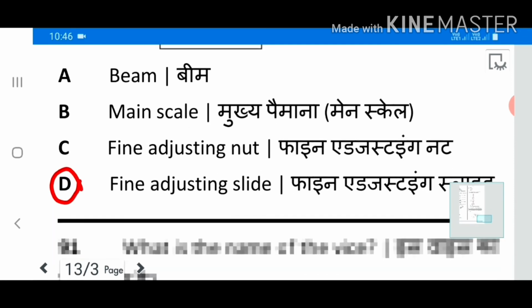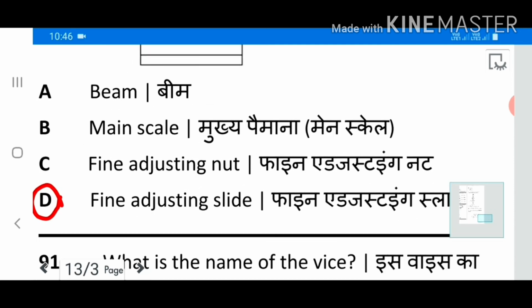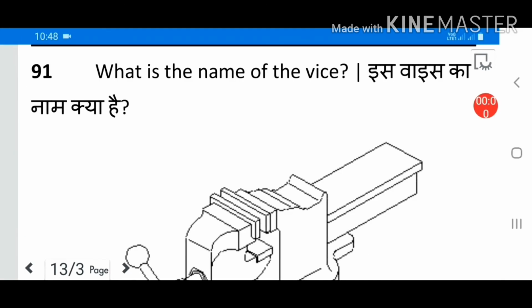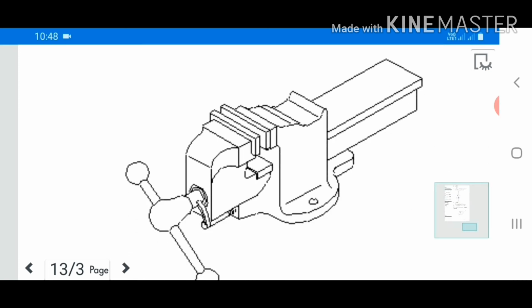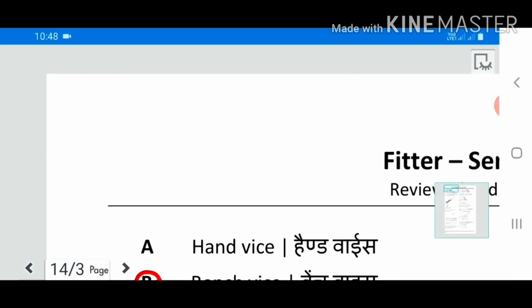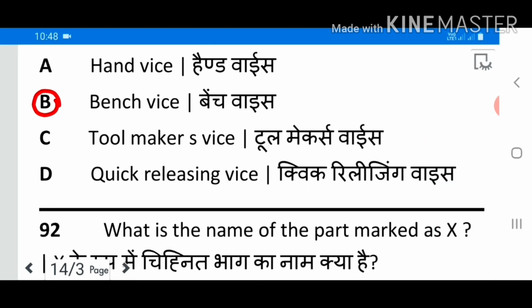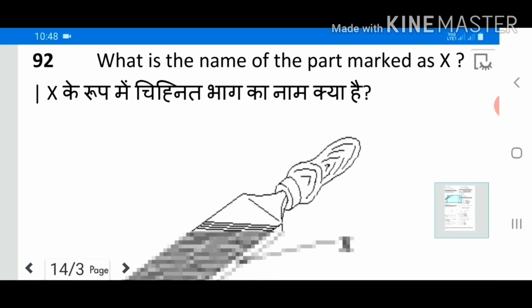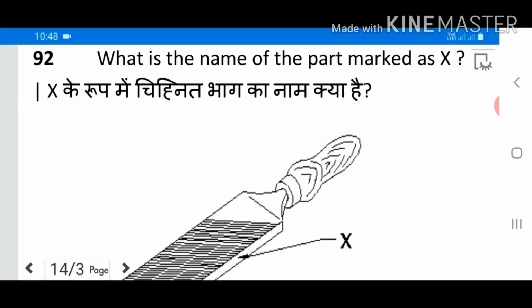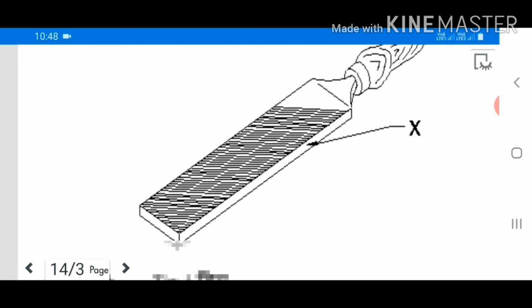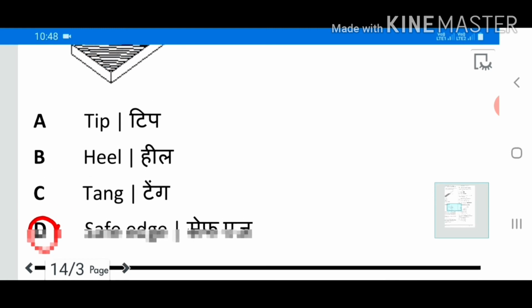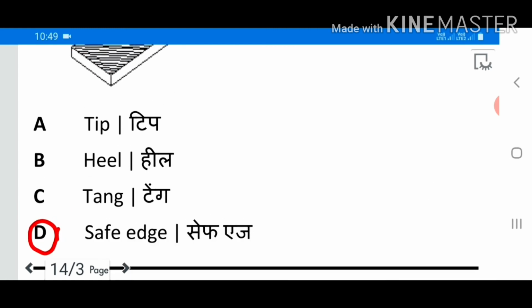Answer D. Fine adjusting slide. 91. What is the name of the hoist? Answer B. Bench hoist. 92. What is the name of the part marked as X? Answer D. Safe edge.